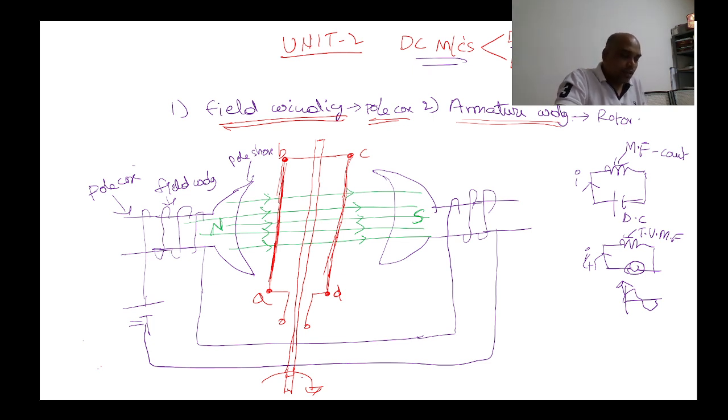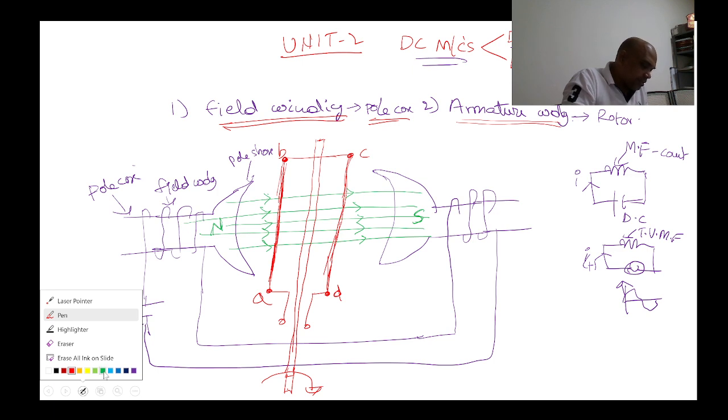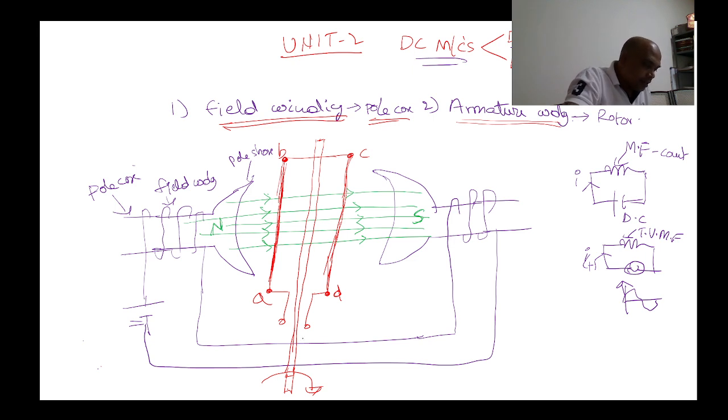If you give mechanical input, the conductors are rotating. In which direction are the conductors rotating? If you apply force in clockwise direction, conductor AB is moving in upward direction and conductor CD is moving in downward direction.